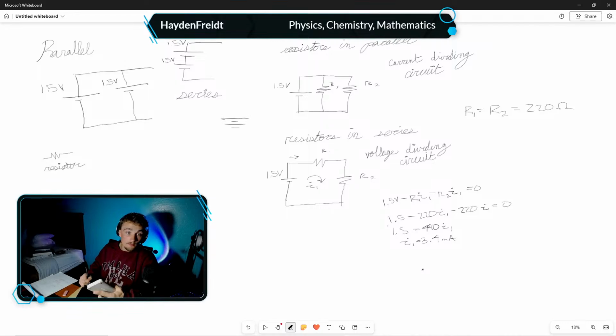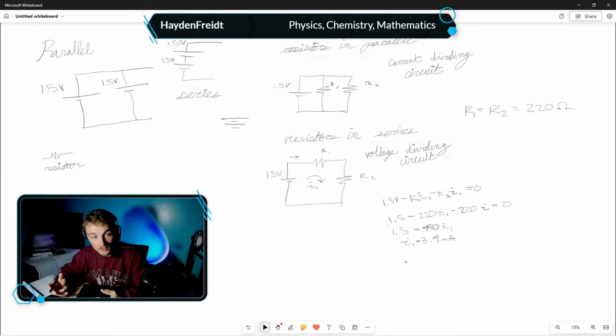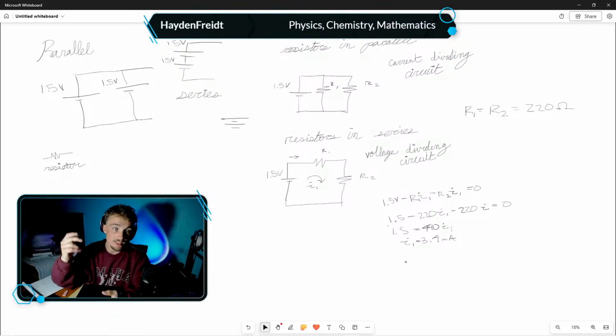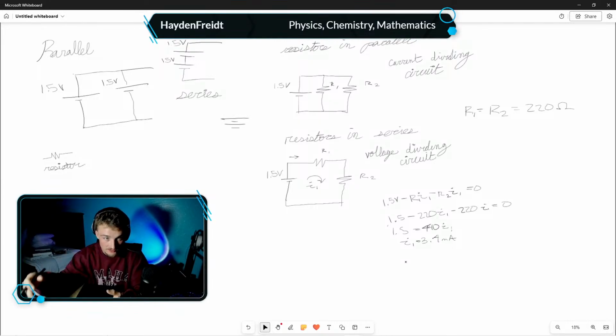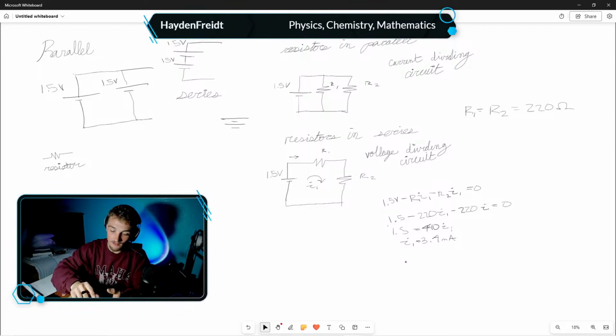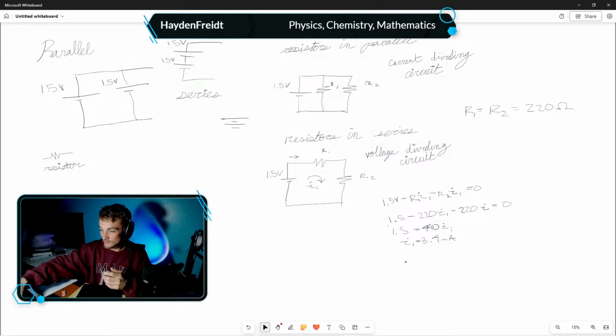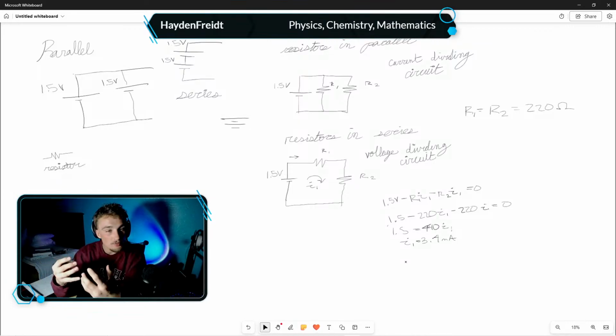And now to figure out the voltage across each resistor, you would just take the current, which is consistent throughout the circuit, and multiply it by the magnitude of the resistance. And this is because this is expressed in Ohm's law.